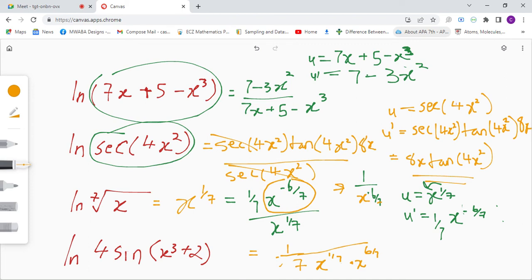So remember, when you're multiplying indices, you're going to add these two, 1 over 7 plus 6 over 7, and that will give us 7 over 7, and 7 over 7 is 1. So we have our answer as 1 over 7x.